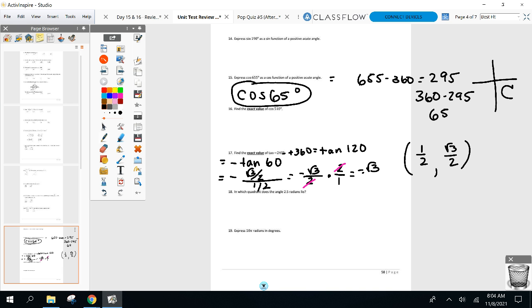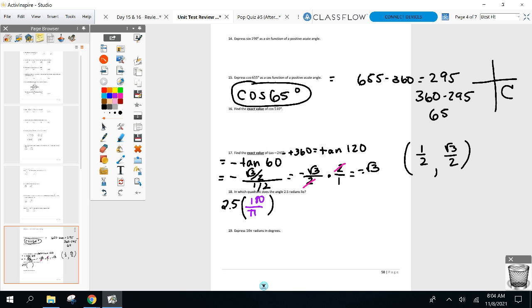Yes, Jeremy. Can you do number 18? Sure, 2.5 radians. I have no idea, but I know where degrees and quadrants are. So what do you suggest I do to 2.5? Convert it to degrees. Okay, how do I convert a radian to degrees? 180 over pi. 99% of the time I can cross out pi's. Here, is that the 1% I can't?